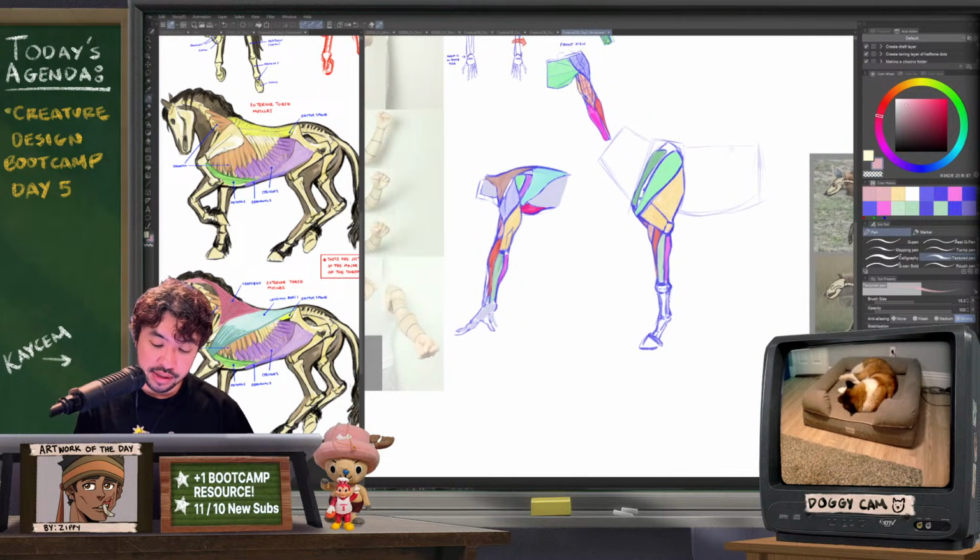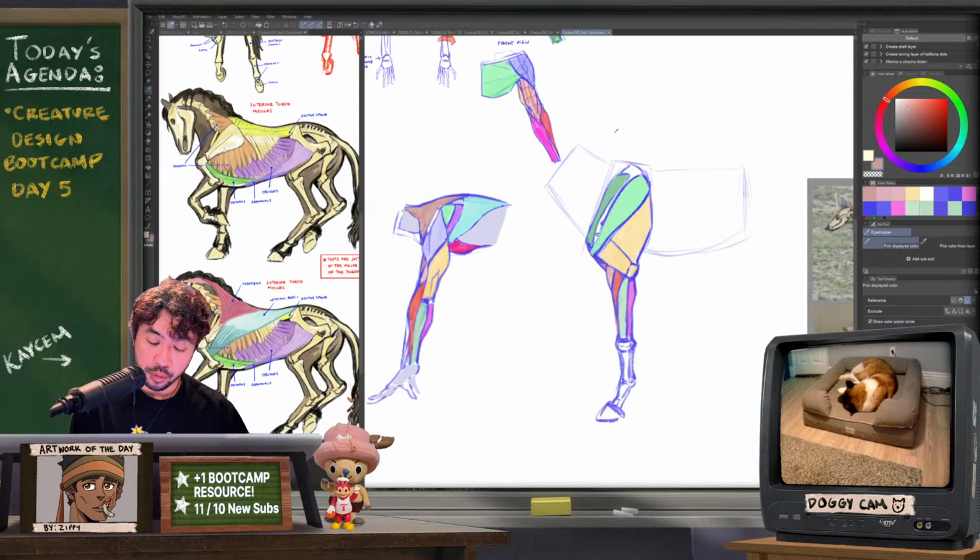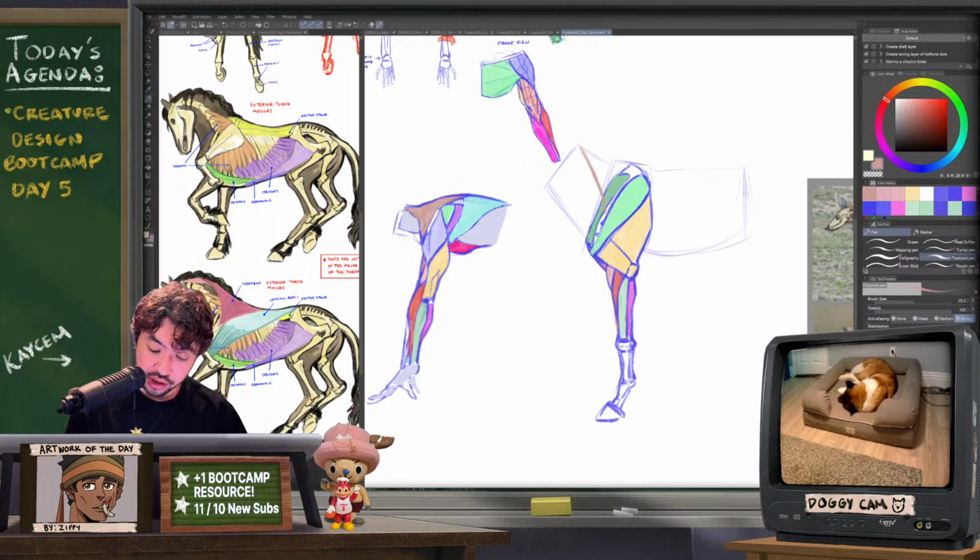Now let's talk about some muscles that we do know, right? We have the lat muscles. So the lat muscles are actually going to cover here. They're going to cover the supraspinatus the same way that it's covered for humans. And then the other thing is it's going to kind of wrap around here.